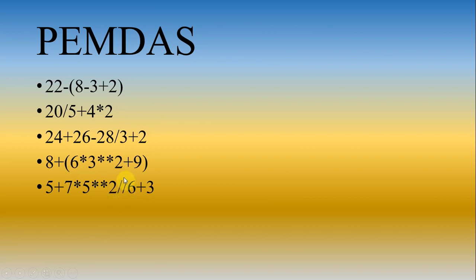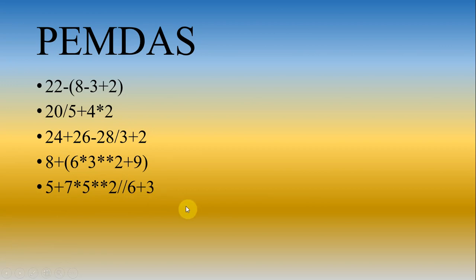This is not a division operator, it is a floor division operator. Hence this one will become 29. Now we have two addition operators, but again we go from left to right. So 29 plus 5 equal to 34, and then 34 plus 3 should give us 37.